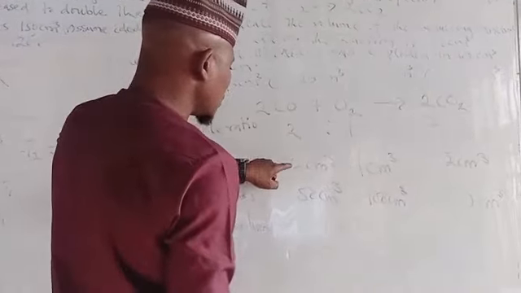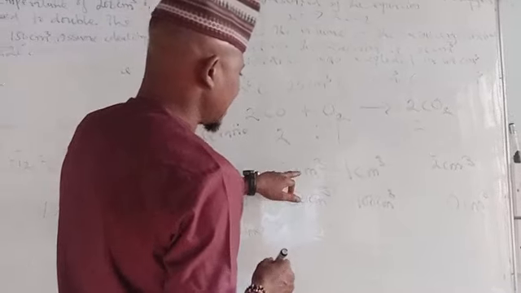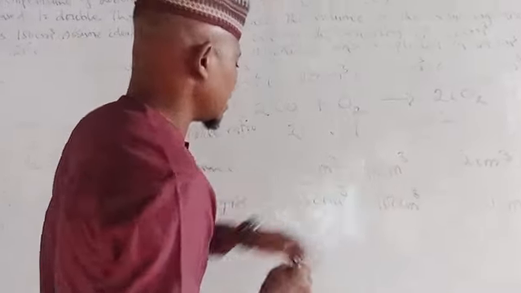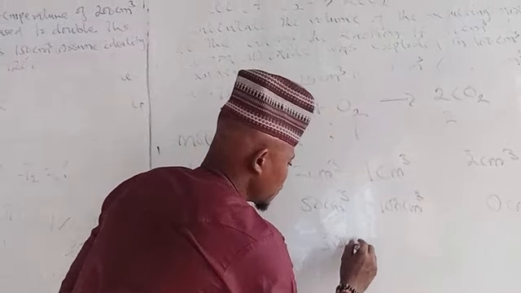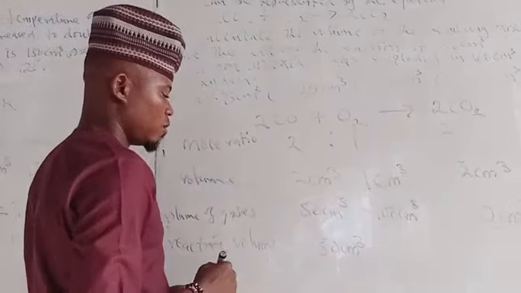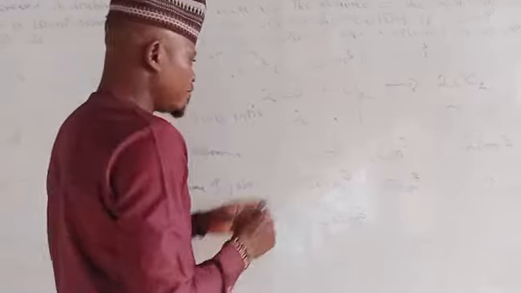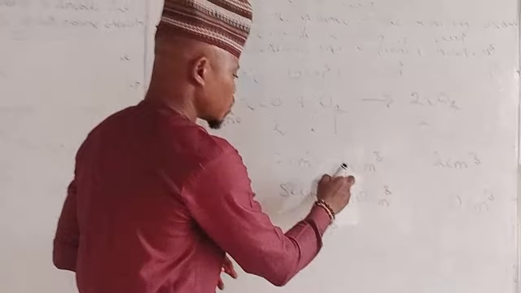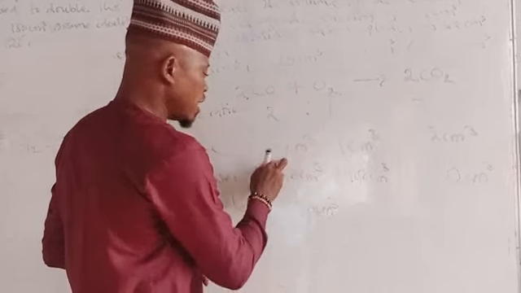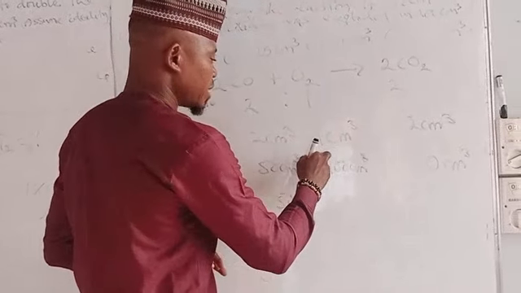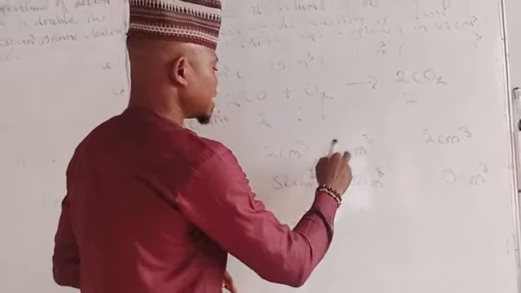Remember, anytime 2 cm³ of this is reacting, 1 cm³ of this will react. Let me take it gradually. If 2 cm³ of this react, 1 of this will react. If 10 of this react, 5 of this will react. If 20 of this react, how many of this will react? 20 of this react, 10 of this react.